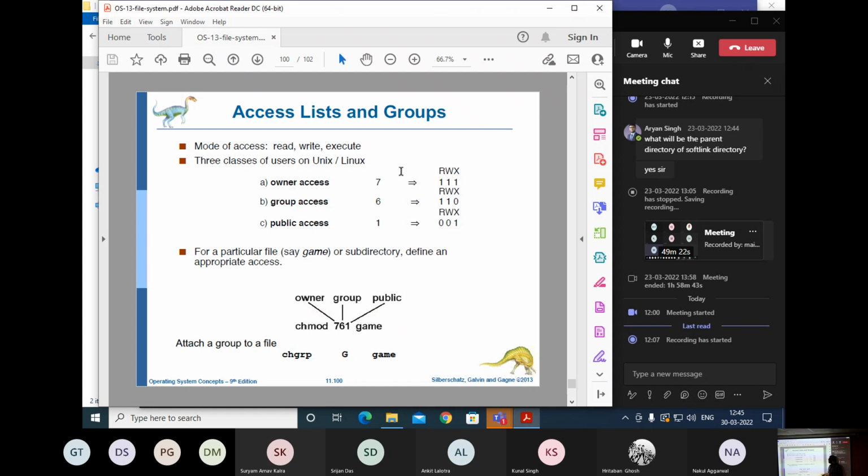The second one is group access, the group that the owner belongs to or the admin actually specified. It will be 6 in this case because it is 110. It can read and write, but cannot execute. The group members, except for the owner, cannot execute. So 110 is 6. And then public access, they cannot read, cannot write, but can execute.